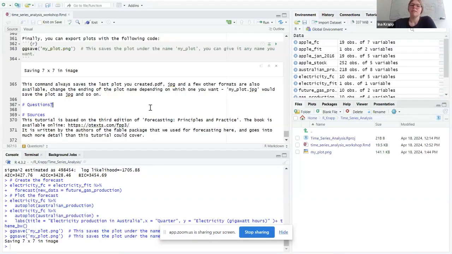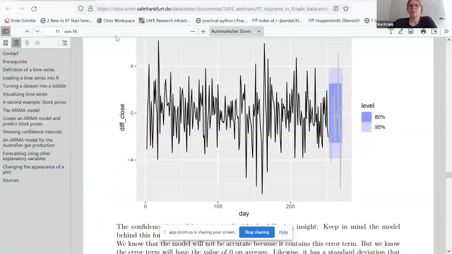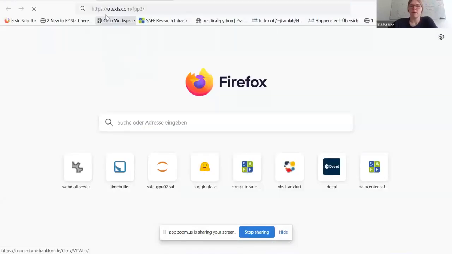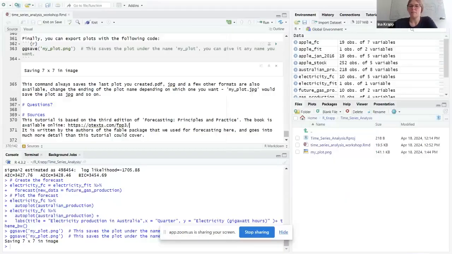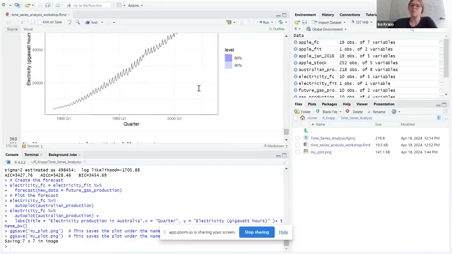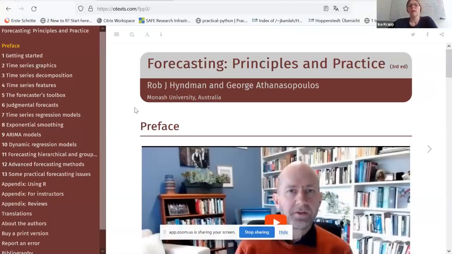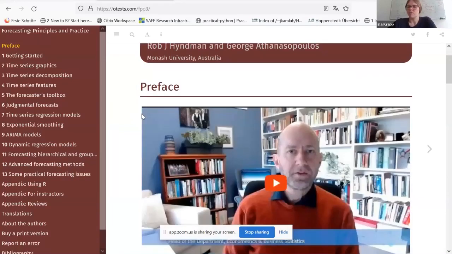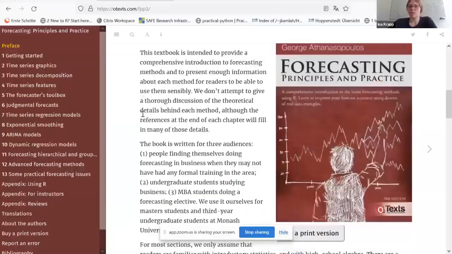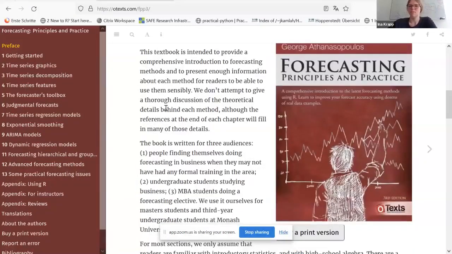Finally, I'd like to draw your attention to the sources. Primarily, this tutorial is based on a single source, which is the book Forecasting: Principles and Practice. This book is written by the authors of the R packages that I used to create this tutorial, and they go into much more detail on forecasting than I could in this tutorial.